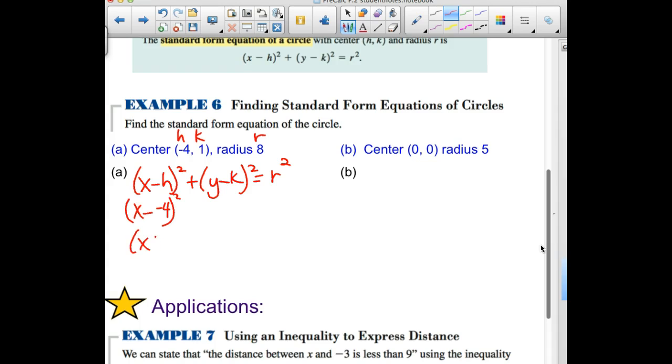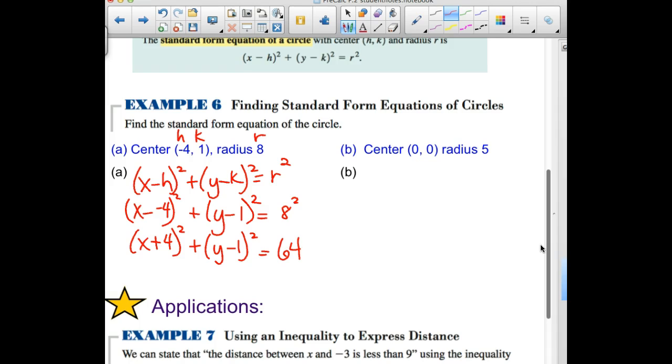Simplifying that, we probably would just want you to write x plus 4 squared. For the y values, we have y minus our k value of 1. And then r is 8, so we want to square 8, and we would get 64. So the equation for that specific circle is x plus 4 squared plus y minus 1 squared equals 64.